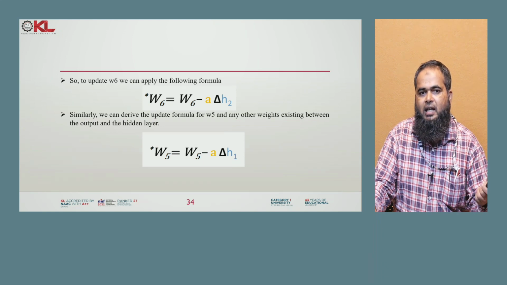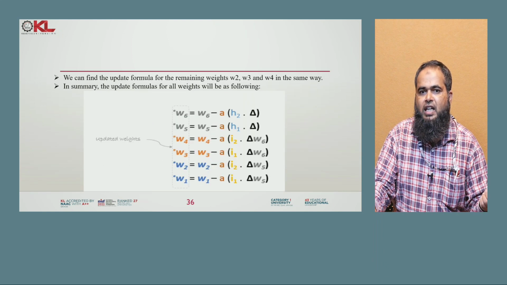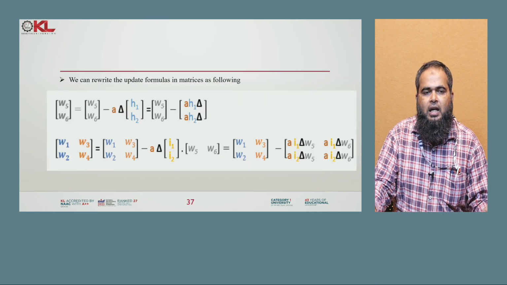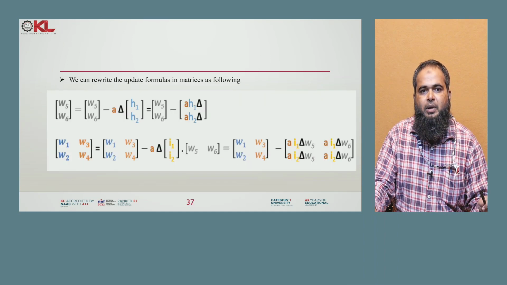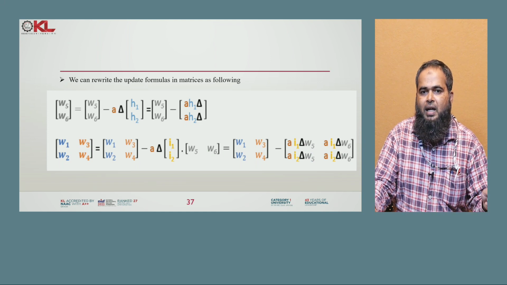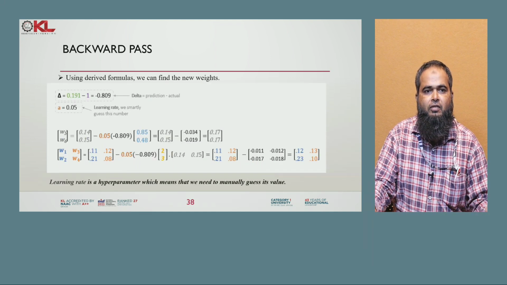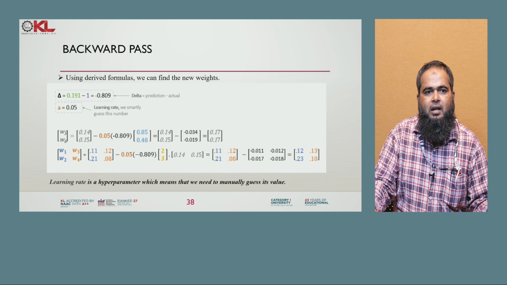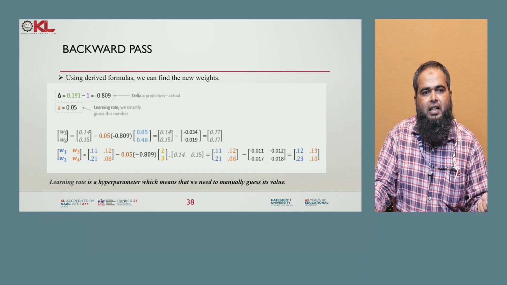Similarly W5, W3, W4, each and every value is calculated, meaning each weight is updated. We rewrite the update formula in matrix format as shown here, and then we calculate the values and take the learning rate.